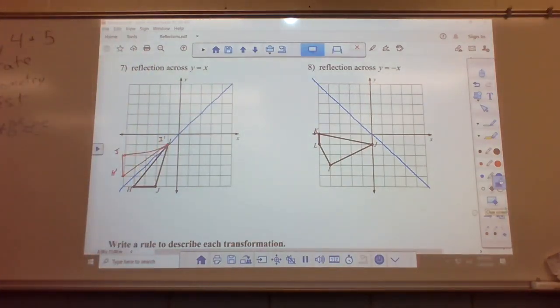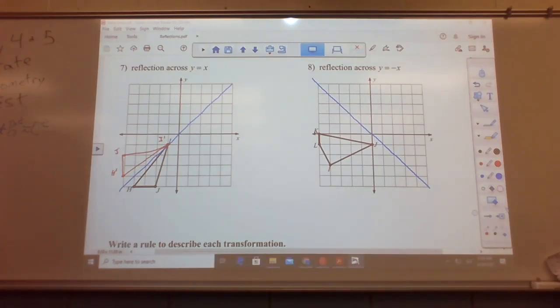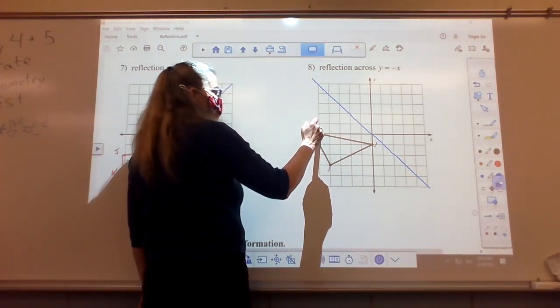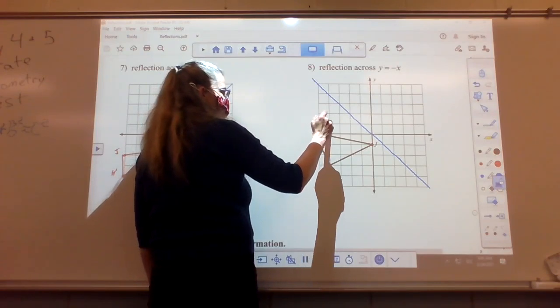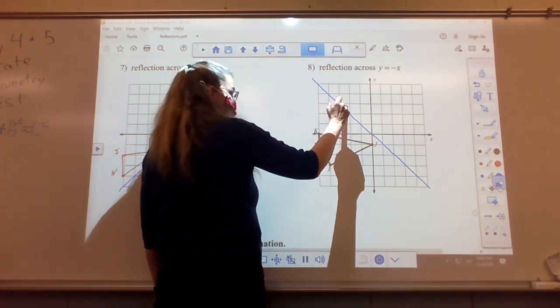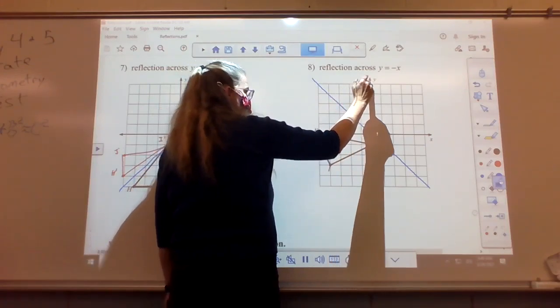So this time I'm going that way. Again, you're counting diagonally. So the K, here's the K. I'm going to go diagonal to the line. So diagonal is 1, 2, half, half, 1, 2.